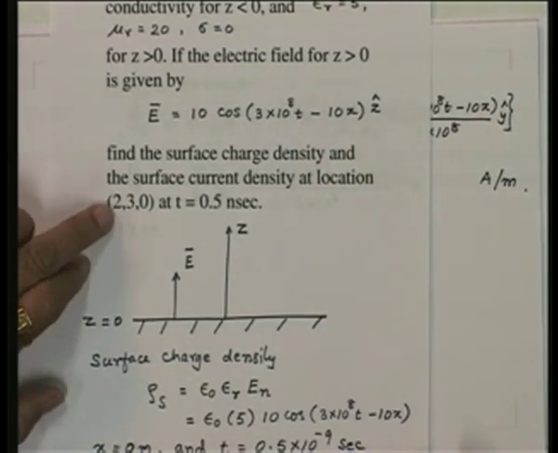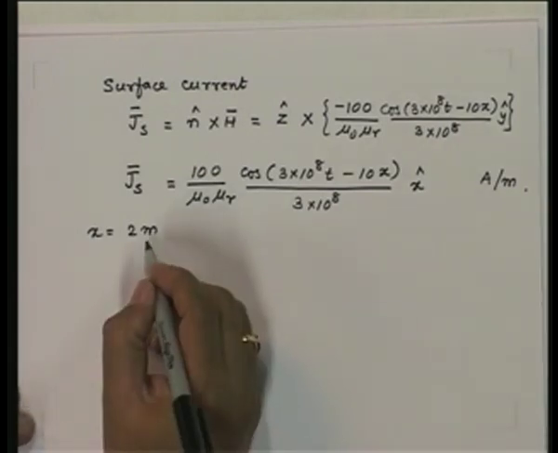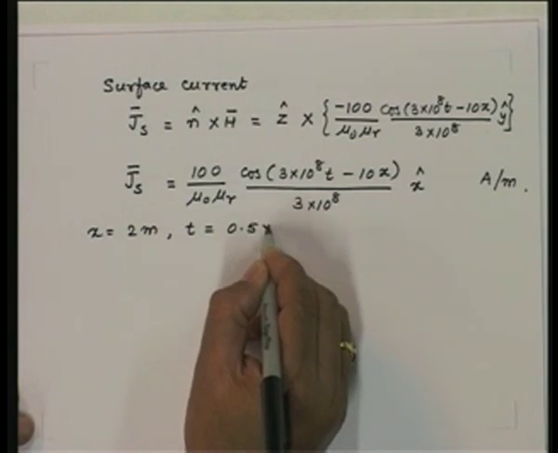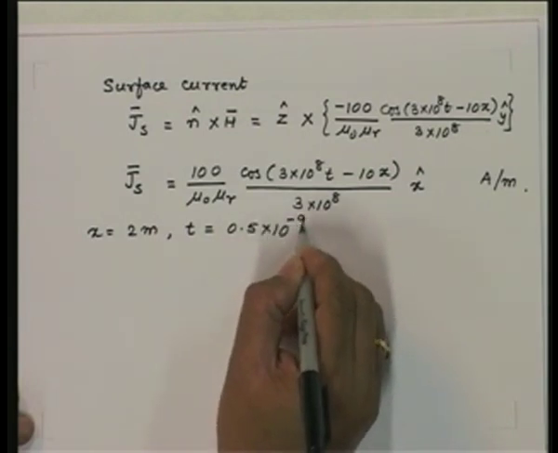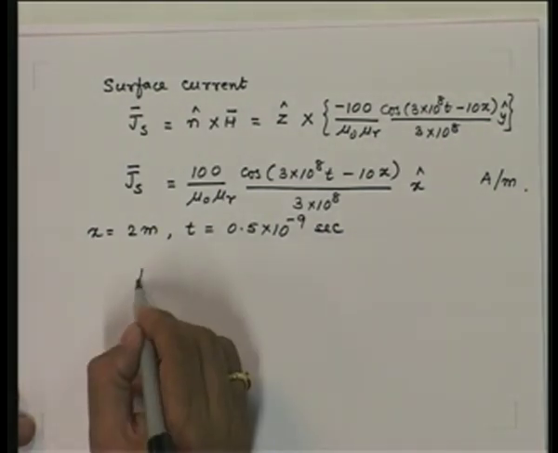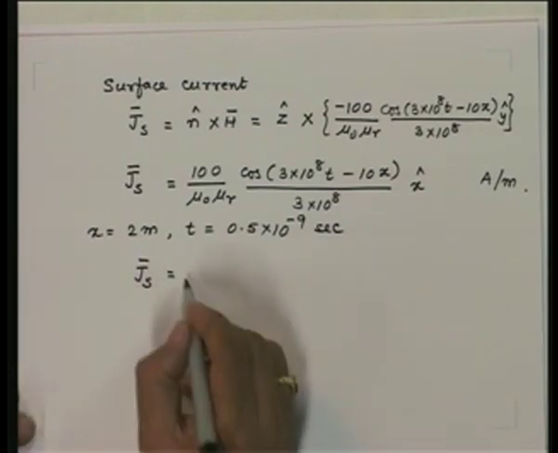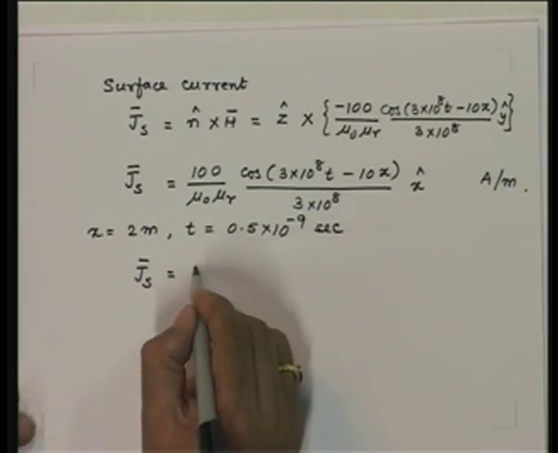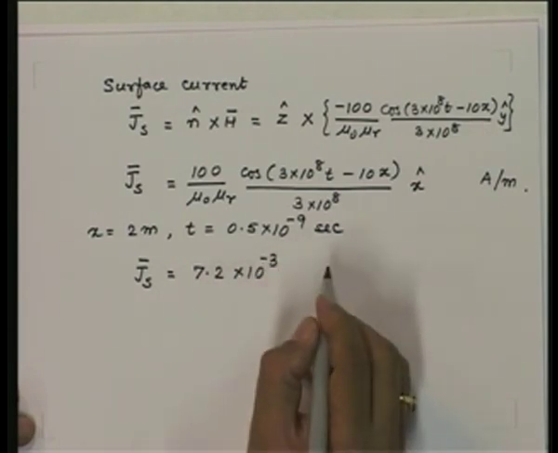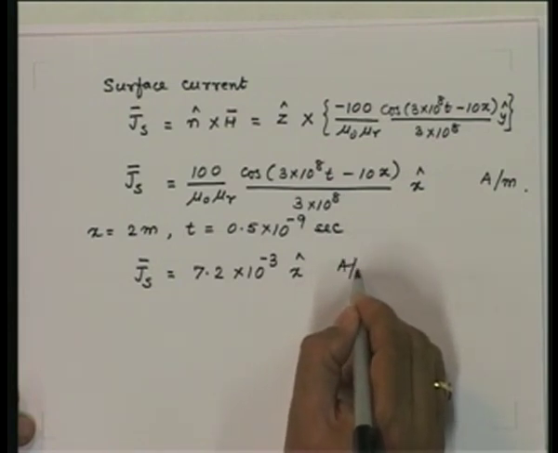If I substitute x equal to 2 and t equal to 0.5 nanosecond, t equal to 0.5 into 10 to the power minus 9 seconds, then we get the surface current Js equal to 7.2 into 10 to the power minus 3 x cap amperes per meter.